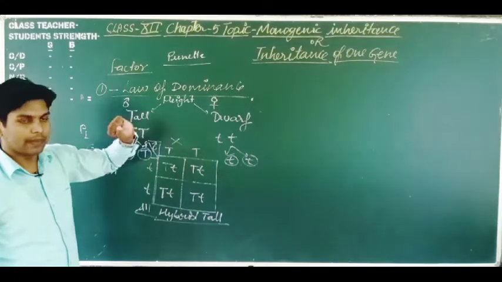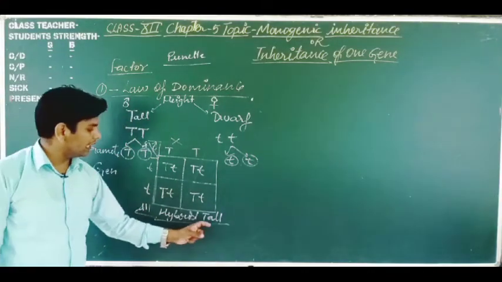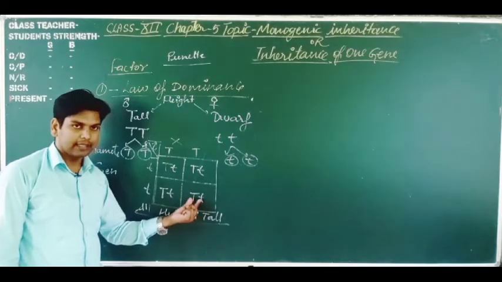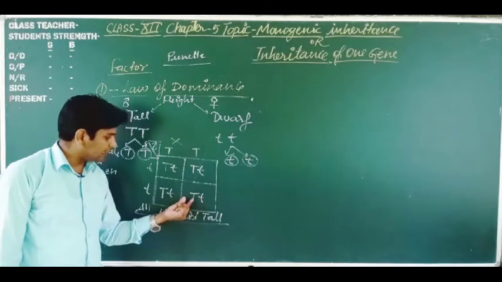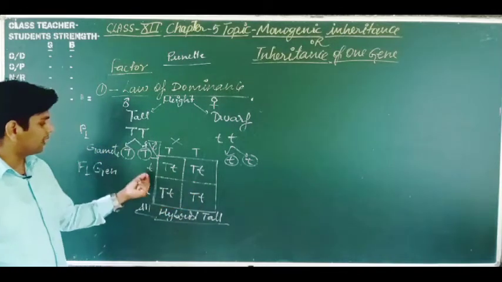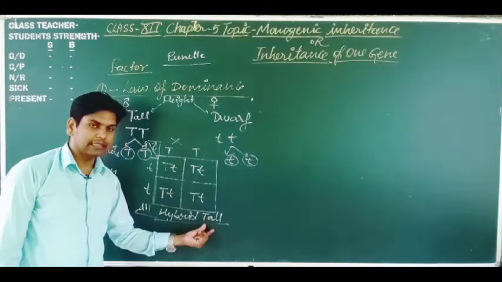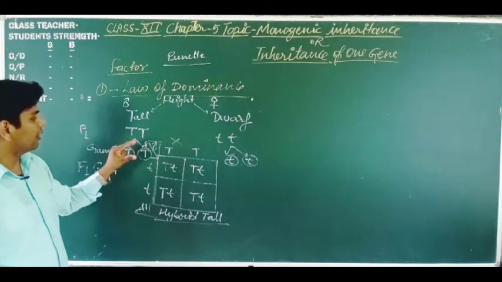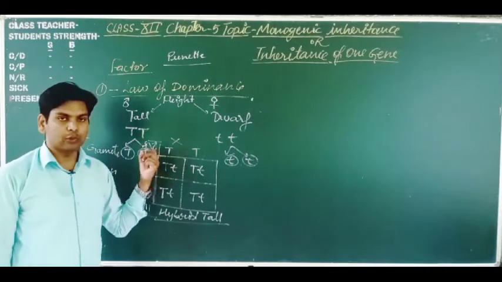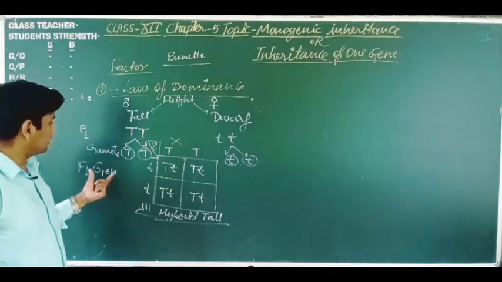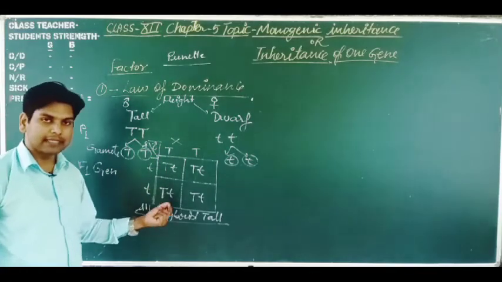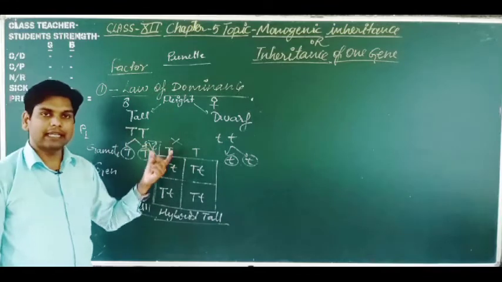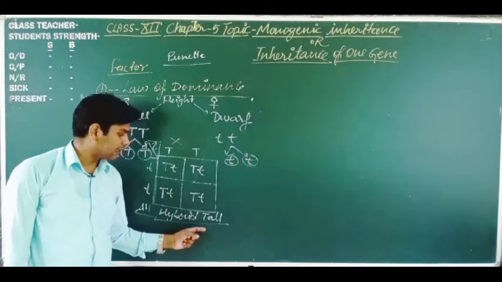This is dwarf, but the expression is only tall. The genetic constitution is capital T small t. In the allelic combination 50% of the alleles are participating, but the physical expression is tall. So this proves that when we cross two pure parents, in the F1 generation their alleles get mixed, and only a single parental character appears.